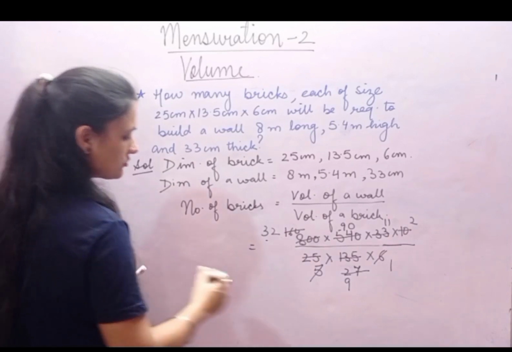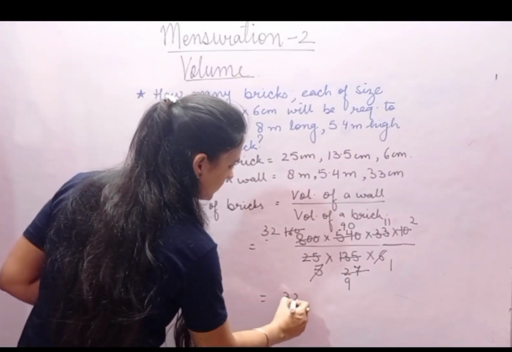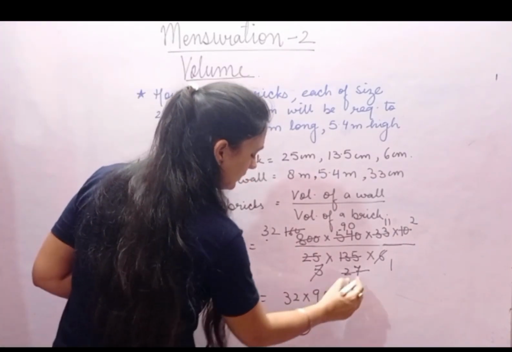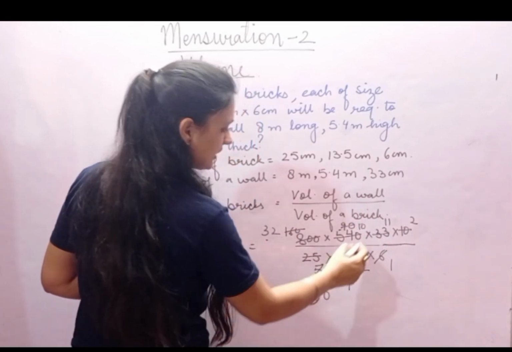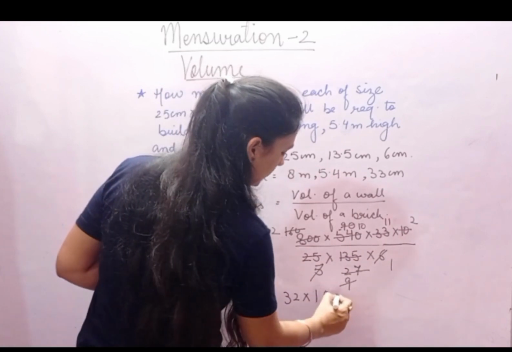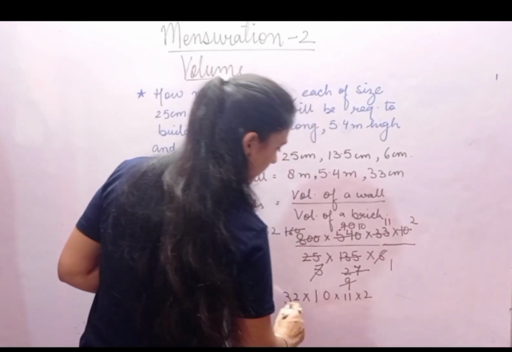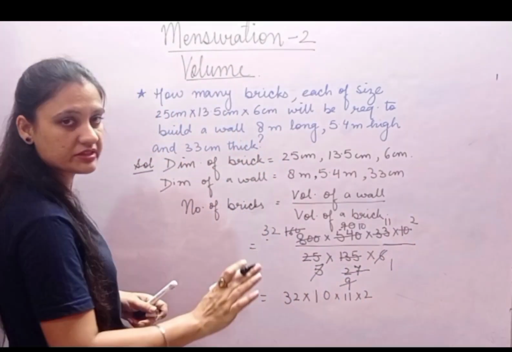Okay. So what we are left with is 32 multiplied by 90. 90 can also be cancelled by this, so instead of 90, I'll write down 10 over here. Then what we are left with is 11, then 2, and nothing in the denominator, everything is cancelled.